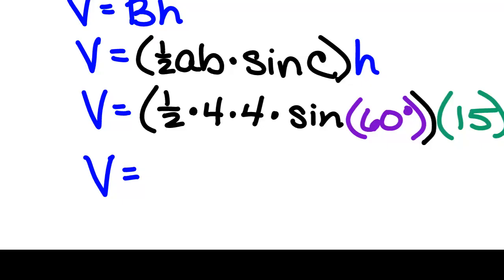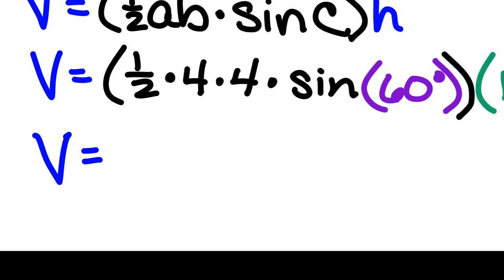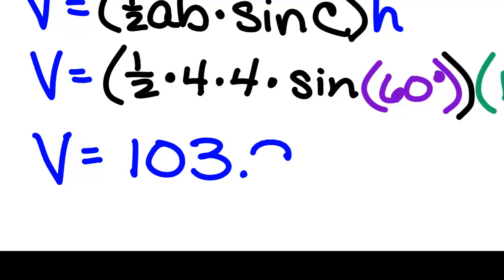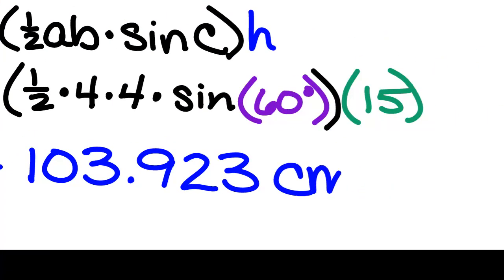Oh, you forgot to multiply by the height. That's just the area of the base. So then multiply by the height. What do we get? 103.923 centimeters cubed. Yep, 103.923 centimeters cubed.